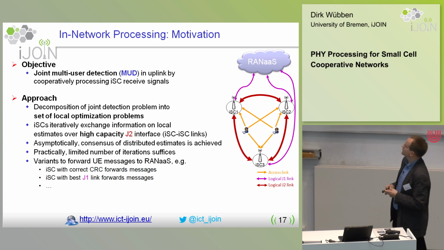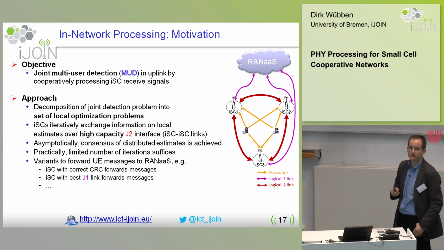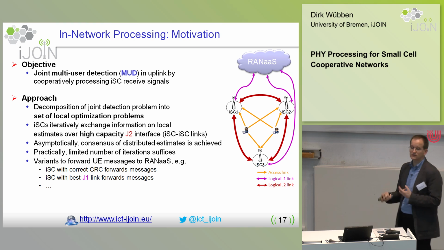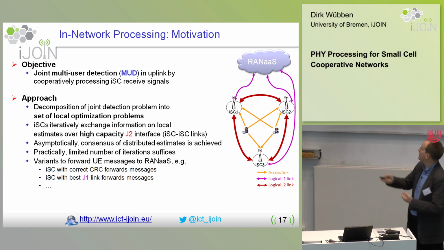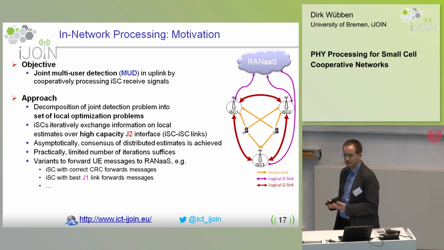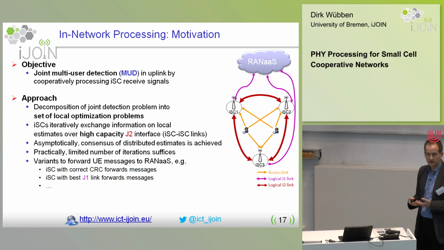The idea of in-network processing is to decompose the joint detection problem into a set of local detection problems, and then have a kind of iterative processing among the ISCs, which means we are exchanging information between the ISCs, which leads to, I would say, relatively high J2 overhead.